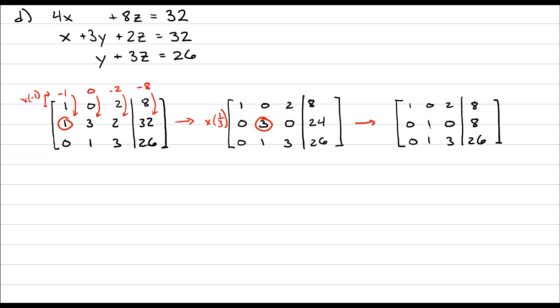Now I need to use that 1 I just created in the second column to turn this into a 0. So I'm going to take the middle row and multiply by minus 1. That gives me 0, minus 1, 0, minus 8. And I add this to the third row.